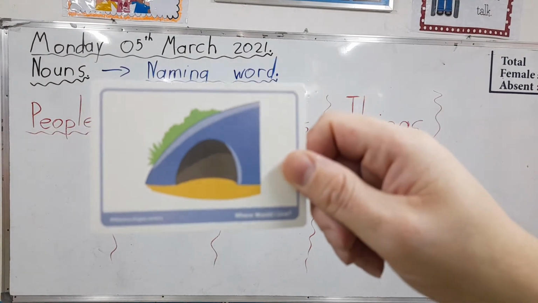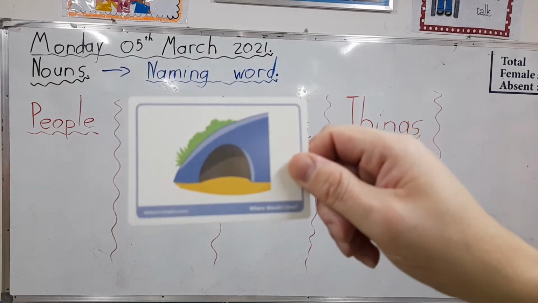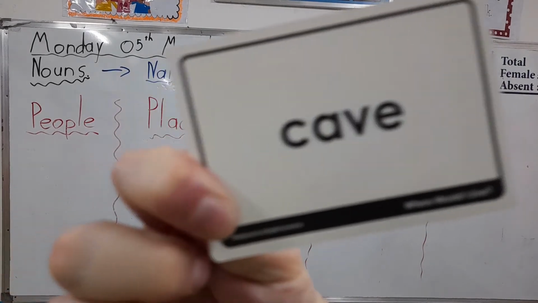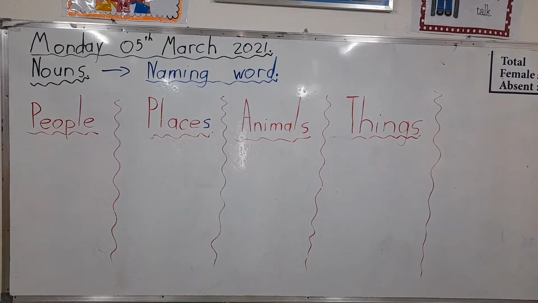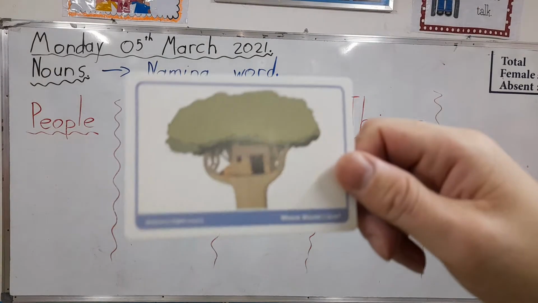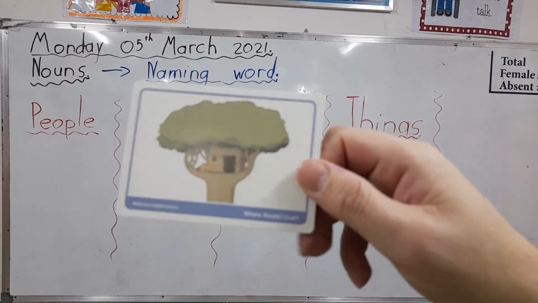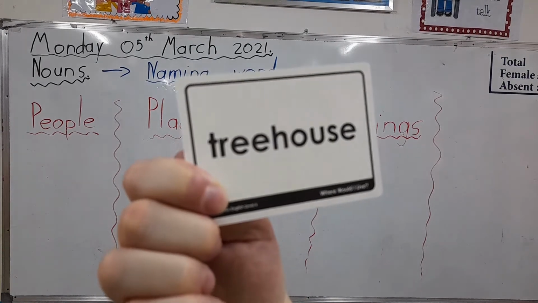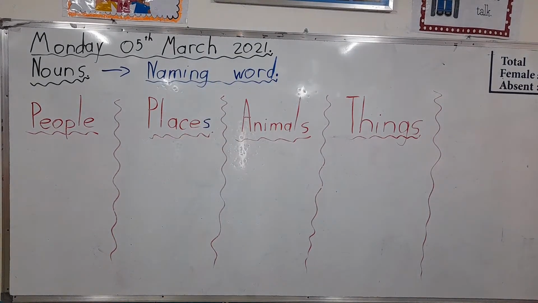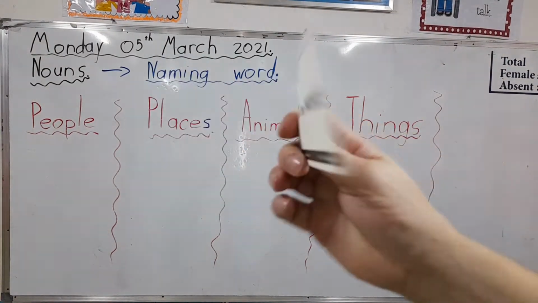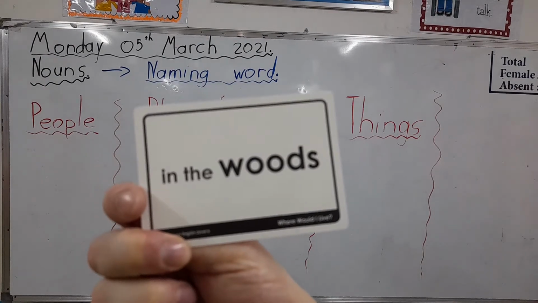What's the next one going to be? It's an A blank E word. Where do bears live? In a cave. All right. If you have a really big tree, think about where you can put your house. It's a tree house. Nice. If we get lost in the forest, we call it the woods.